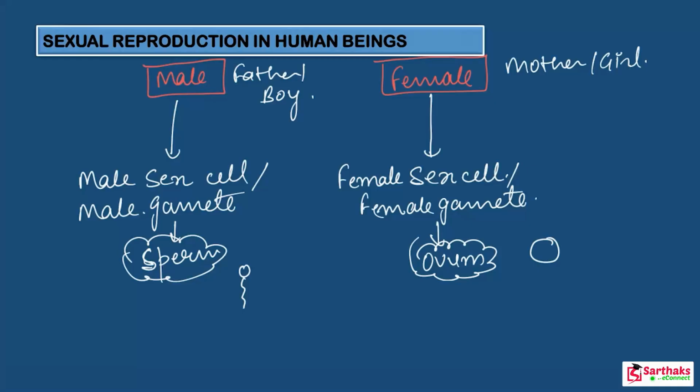These are very small celled structures which you are unable to see with the naked eye. You can see them only with the help of a high power microscope. For sexual reproduction to occur, a male gamete must combine or fuse with the female gamete.